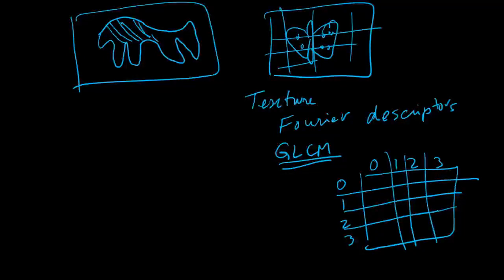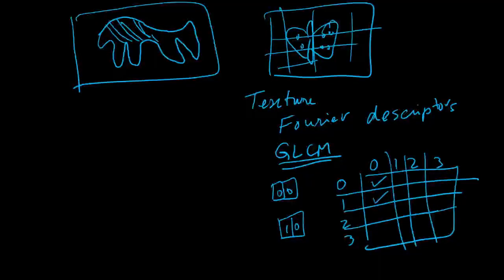And whenever we have two pixels that are together and they are both 0, then we will increment this by 1. If we have two pixels where one is 0 and the other is 1, we will increment this by 1, and so forth. Okay, so we will increment different bins of the GLCM matrix based on which pixels appear together in the image.